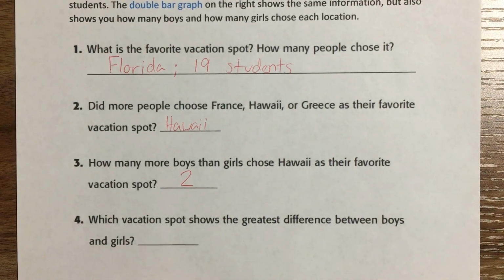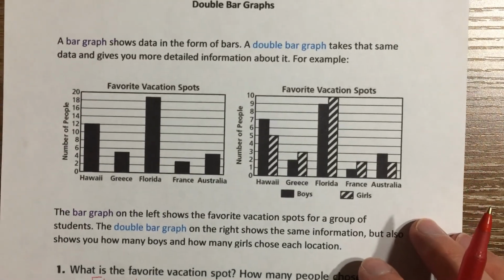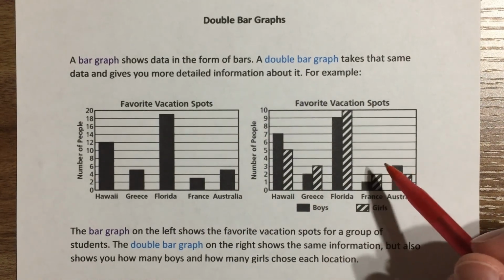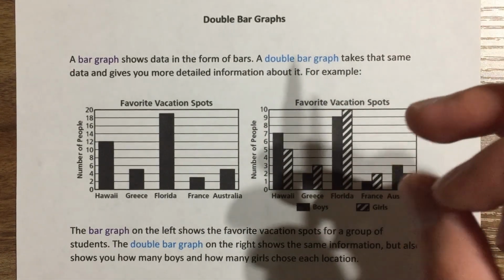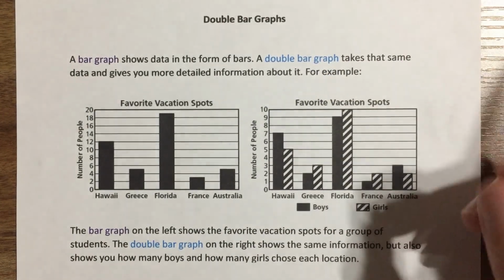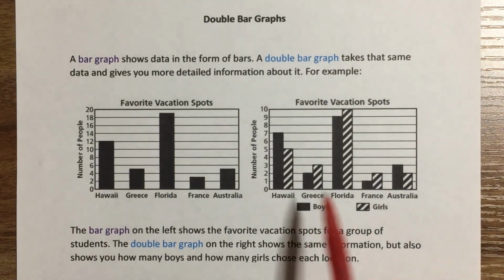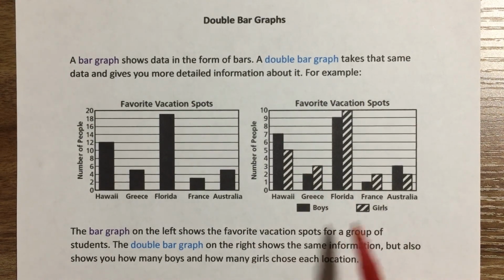And number 4, which vacation spot shows the greatest difference between boys and girls? So how do we tell which one has the biggest difference? Well, looking at these bars, we need to look for the biggest spread. Which one of these 5 vacation spots looks like it has the biggest gap between the top of the boy bar and the top of the girl bar? Looks like right here, Hawaii, we have a 2-person gap.